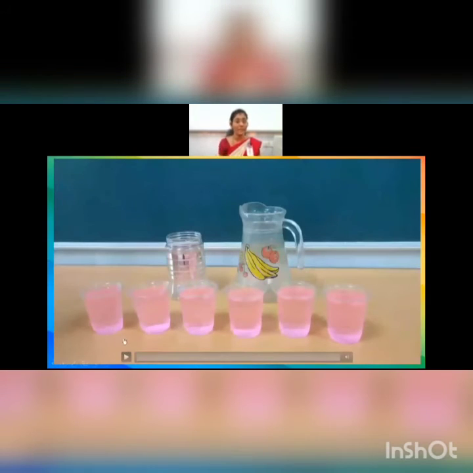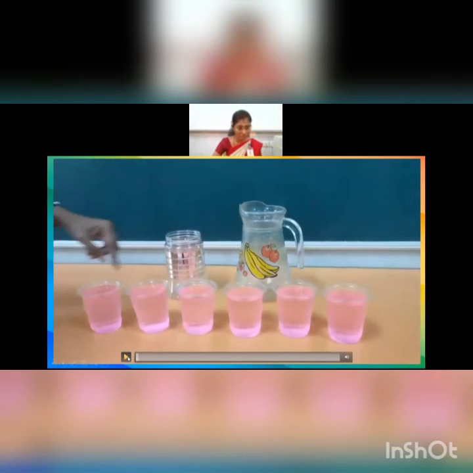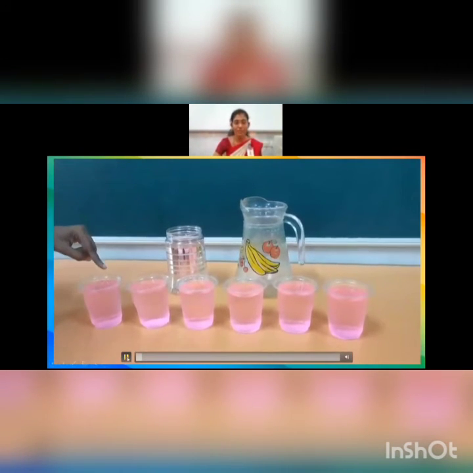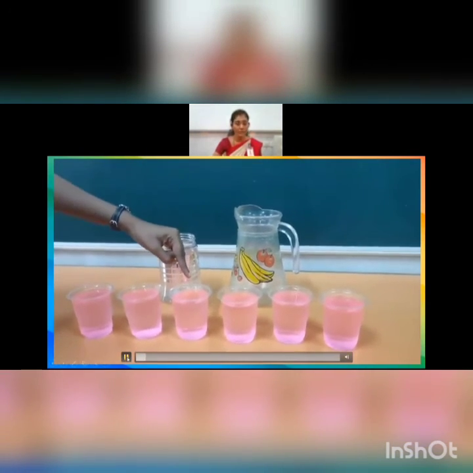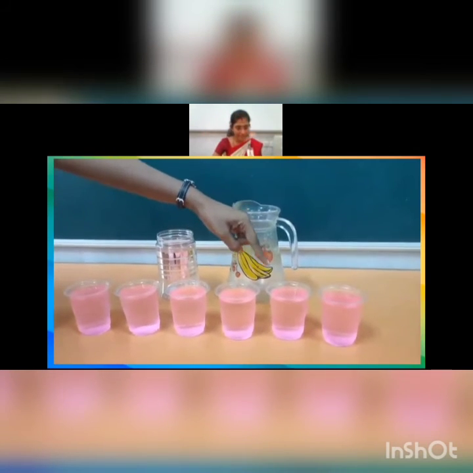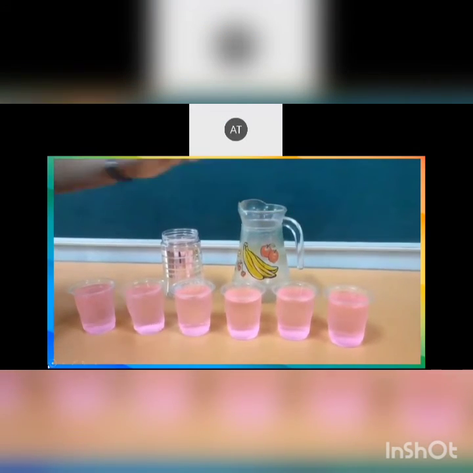So imagine that 6 guests are coming to our house and we need to serve them 6 glasses of juice. Isn't it? So here we have glasses of juice. How many glasses? Shall we count? 1, 2, 3, 4, 5, 6.